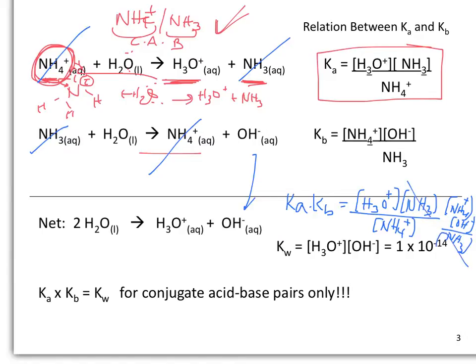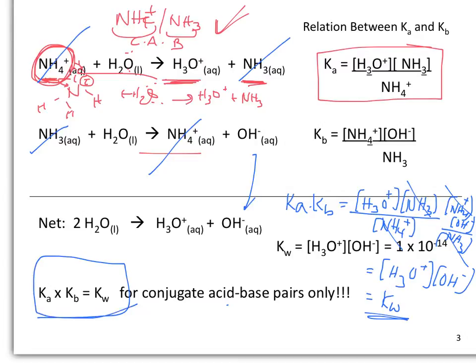So ammonia and ammonia cancel, ammonium and ammonium cancel. What remains is H3O plus times the OH minus, which is nothing but Kw and has a fixed value of 1 times 10 to the power of negative 14. So Ka times Kb is equal to Kw. This holds true for conjugate acid-base pairs only.